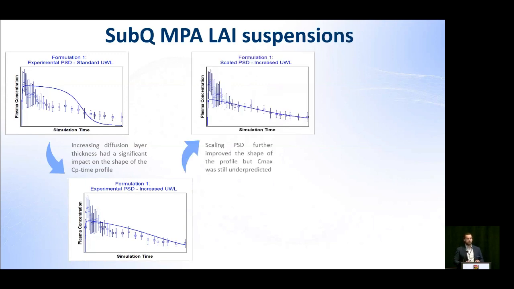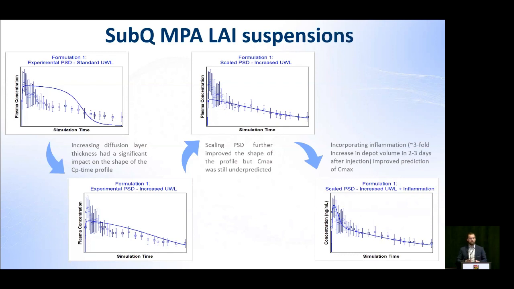We then tried to scale the measured in vitro particle size distribution to account for what we think may happen, which is particle aggregation. So we started to scale that and see whether we could improve the prediction, and it slightly improved, but you can see the first phase of the profile is still mispredicted.